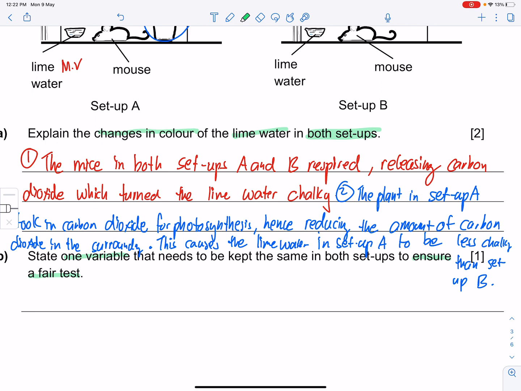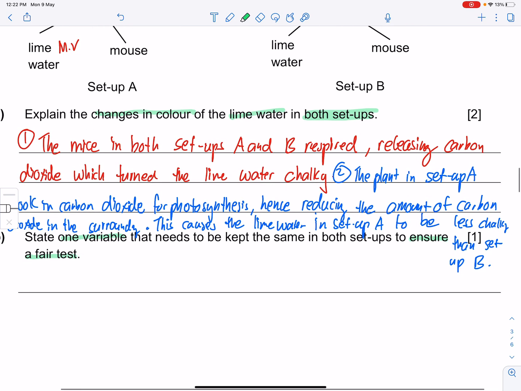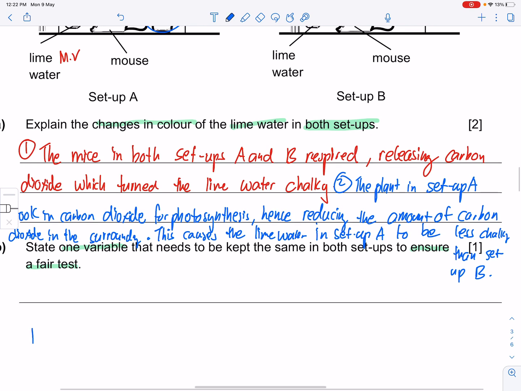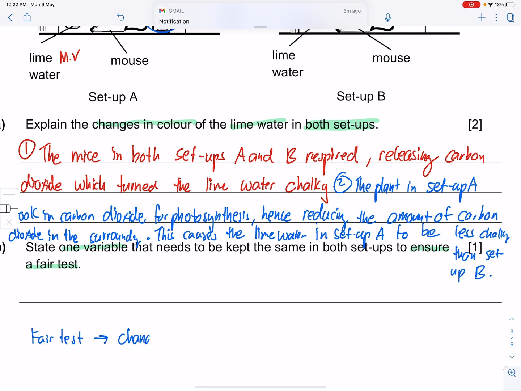One second, let me think. Okay, I'll let you know once I recall that, but the main thing is your fair test has to do with your changed variable. Okay, I'm going to write this down. When you talk about fair test, you're looking at the changed variable.